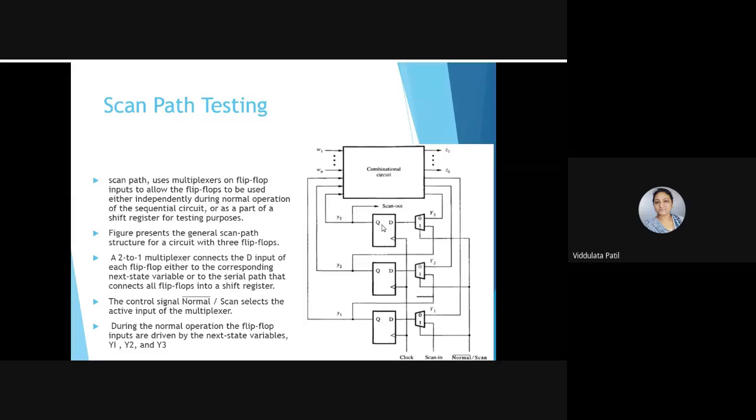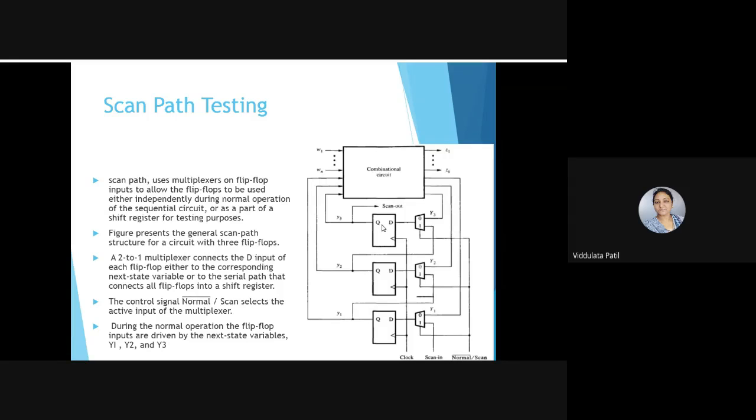So for that we test the circuit before fabrication. For that we have certain different methods, and we discussed some techniques in the previous lectures.